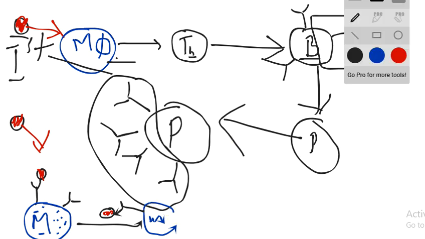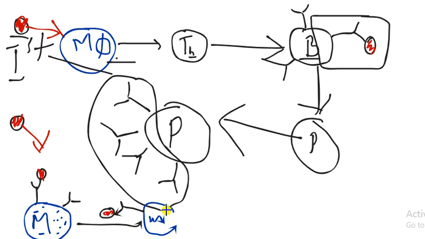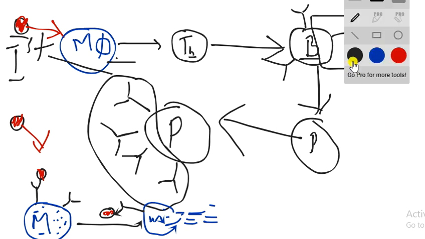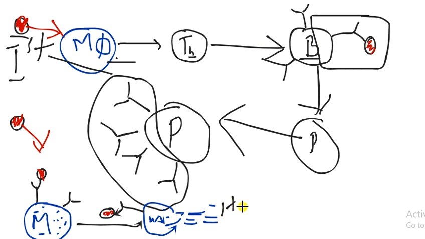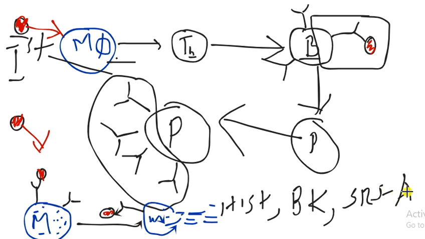Mostly it is histamine, and bradykinin, and slow response substance of anaphylaxis, SRSA.